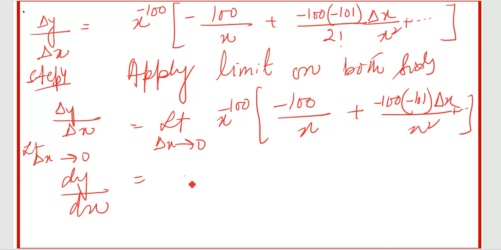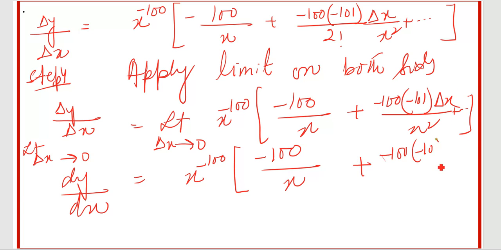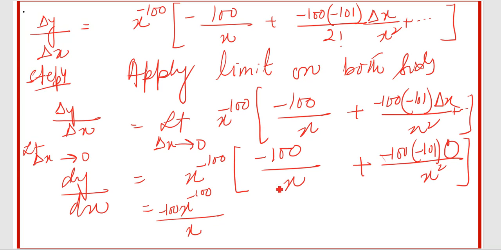So there is no delta x here. It means x raised to power minus 100 will remain the same. No delta x, it will remain the same. But here we have delta x. So I can write down for you. This is 101 into 0. When you multiply anything with 0, this whole term will be 0. So this is equal to minus 100, and I will write down minus 100 here, and this is 0, right? Okay, so only this is left.